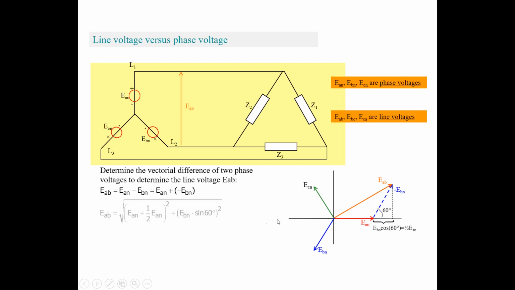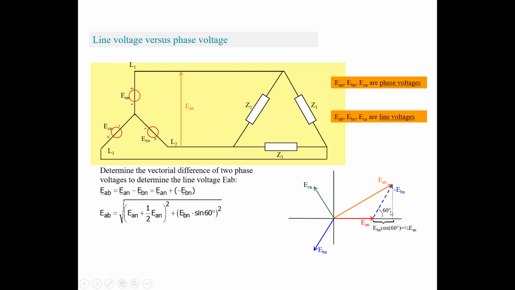We can say EAB is this horizontal part, which is EAN plus 0.5 times EAN, squared. Now we have to define that part of the triangle over here. So this is EBN, which is equal to EAN.